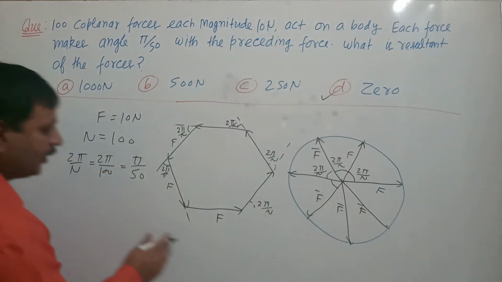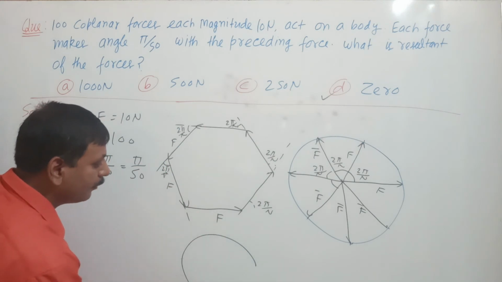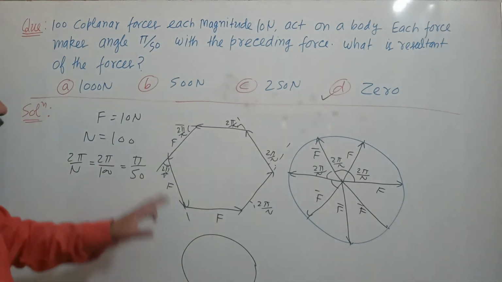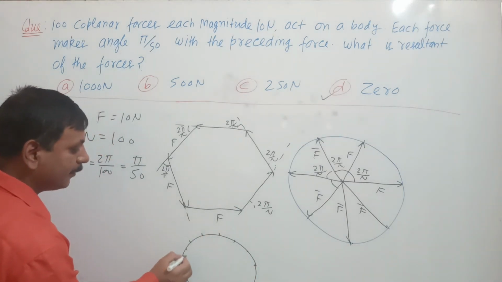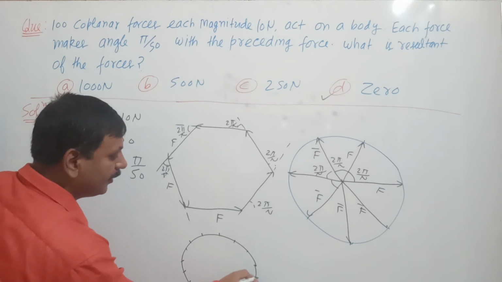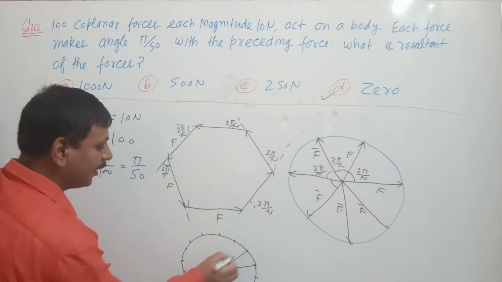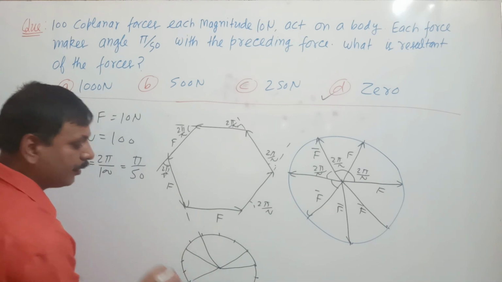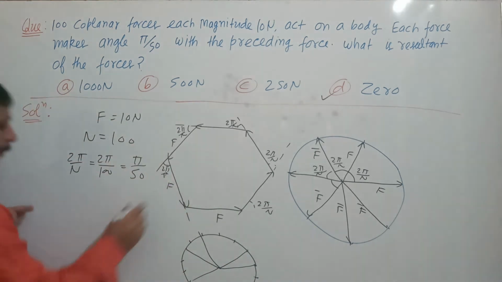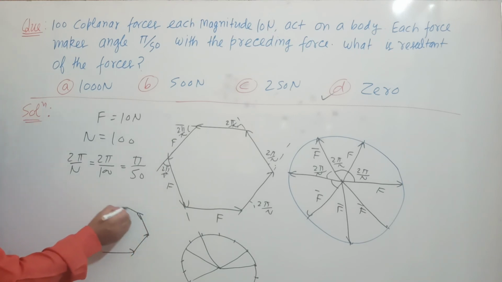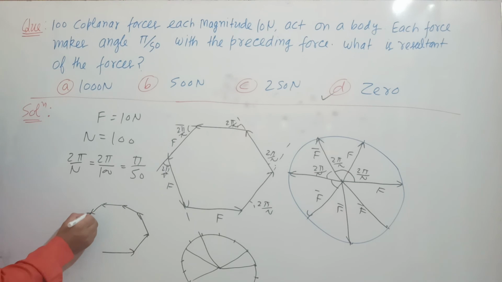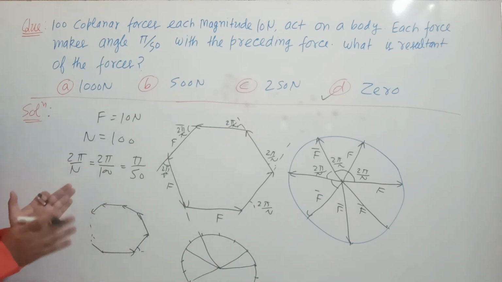If we proceed, you can also see we have to divide this into how many parts? 100 parts. If we divide it, this is in 100 parts. Okay, each force we can represent here. We can represent each and every force here, and if we draw, they will form a closed polygon like that. In this closed polygon, between each force what is the angle?